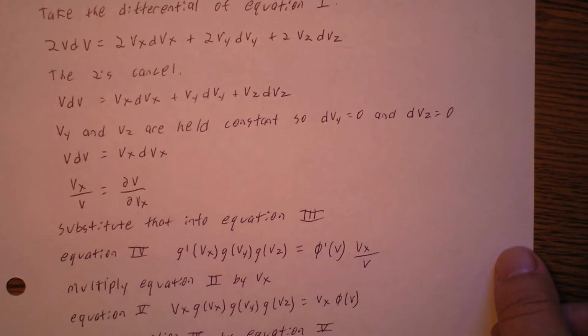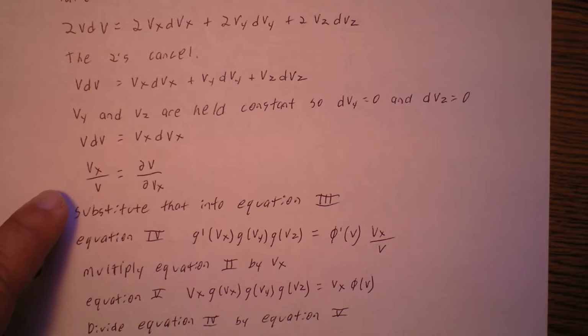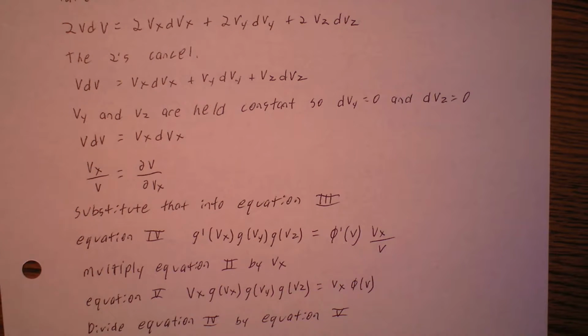So we end up with just velocity times the differential of velocity is going to be the x component of the velocity times the differential of the x component of the velocity. Doing a little algebra, we get the x component of velocity divided by the velocity is going to equal the partial derivative of the velocity with respect to the x component of the velocity.